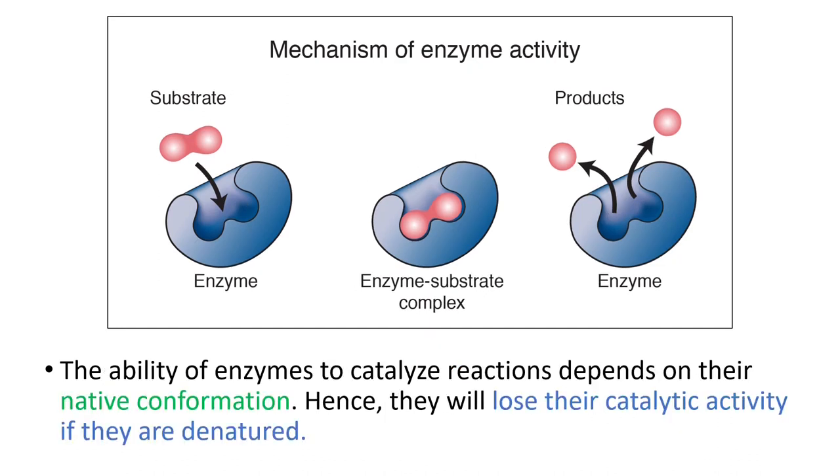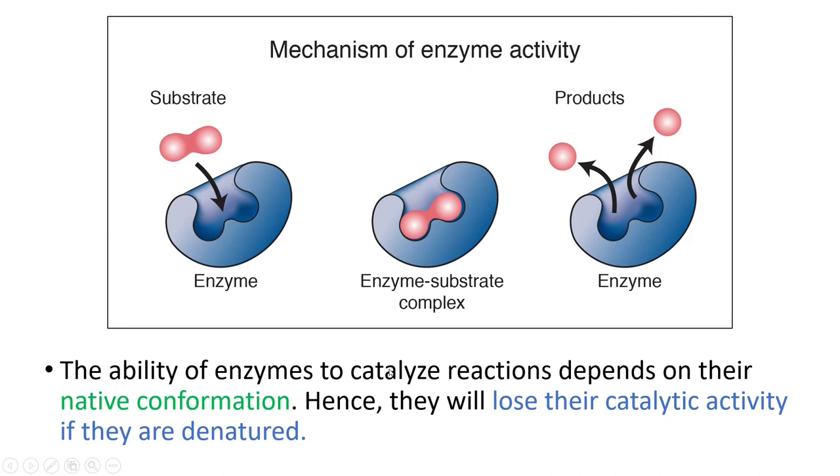Now please do take note, as we have discussed in the previous discussion, that the conformation of the enzyme is very important. That's why we talked about the primary, the secondary, the tertiary, and the quaternary levels of structure of proteins. Now, take note that the ability of the enzymes to catalyze the reaction is dependent on the native conformation.